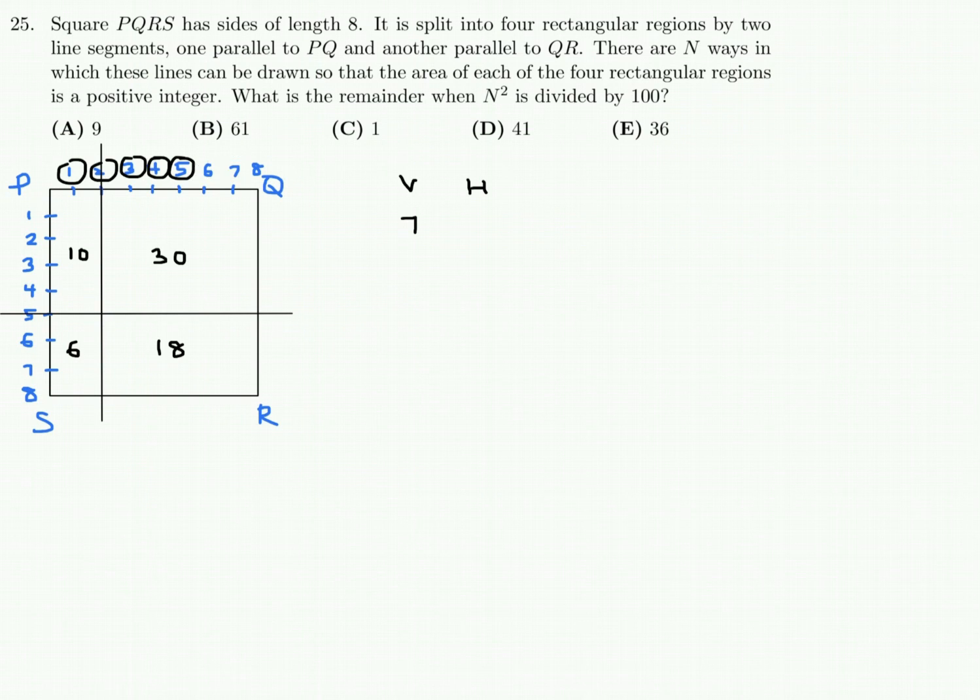Can't be 8 because then it wouldn't be cut into 4 different segments. If you made the line right on QR, it would basically end up cutting it into 2 segments. So we have 7 choices for V when we want just integers. And very similarly, there's 7 choices for H. So 7 times 7 is 49. So there you go. That's part of the answer.